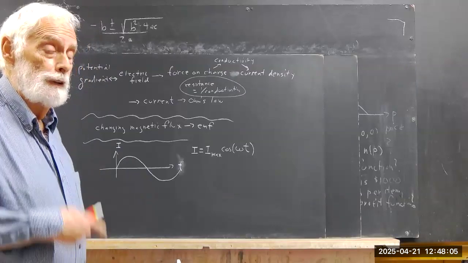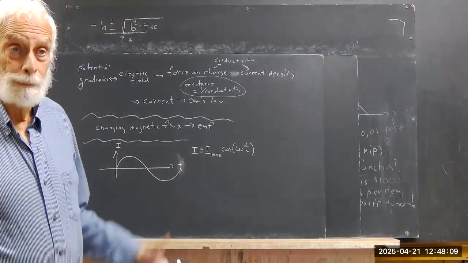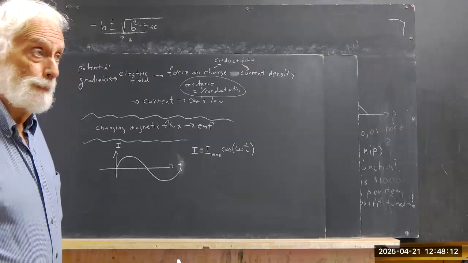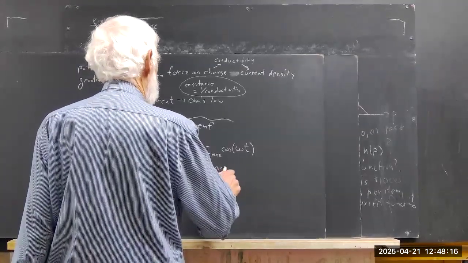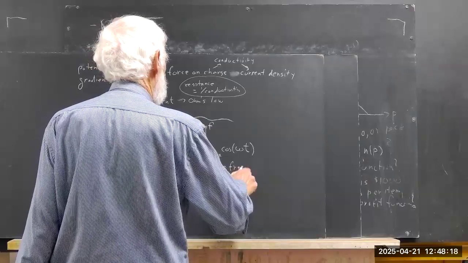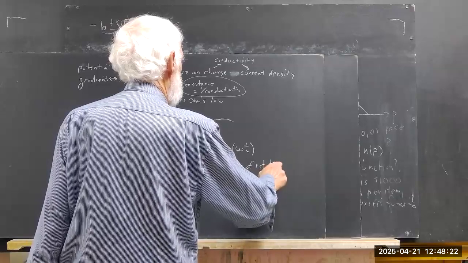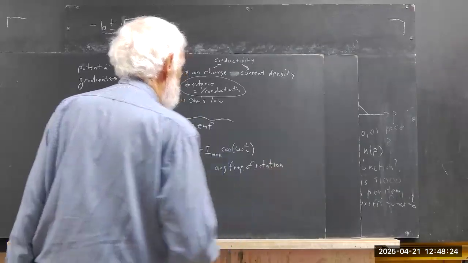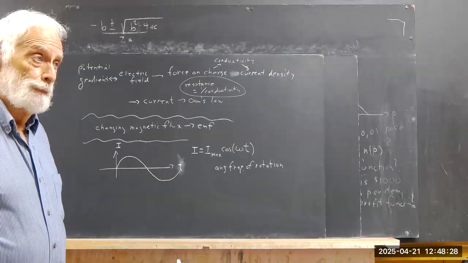It's the angular frequency with which you're rotating that coil. Okay. In units, it's radians per second.